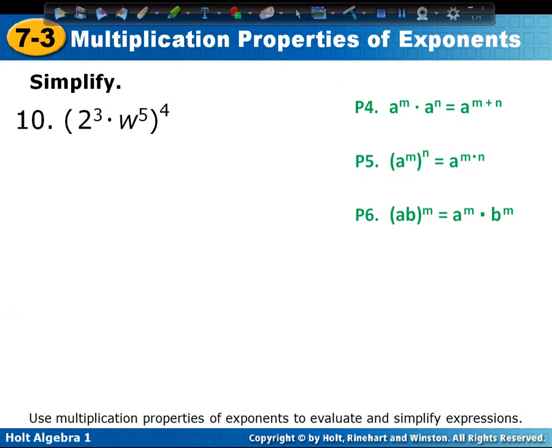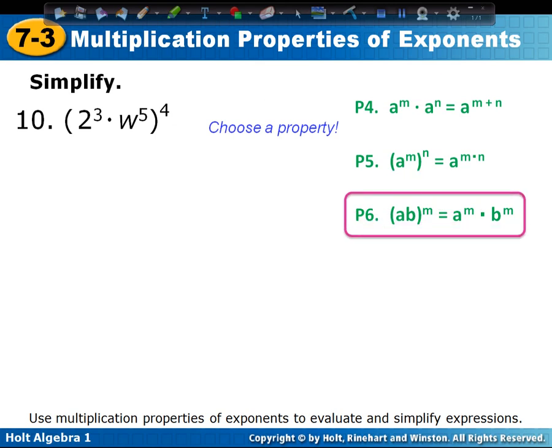All right, look at number 10. You have 2 to the 3 times w to the 5th raised to the 4th. Get that down. And then let's look at which property we're going to use first. First property we're going to look at is going to be number 6. When I have something inside the parentheses raised to a power outside the parentheses, then that applies to everything inside. So my 2 to the 3rd is raised to the 4th, and my w to the 5th is raised to the 4th.